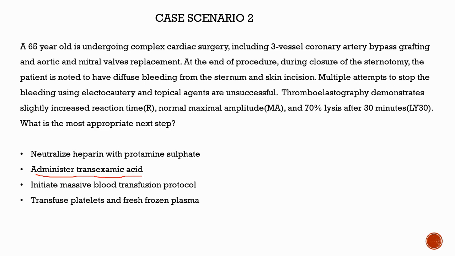We will not transfuse platelets and FFP to this patient. Why? Because there is a normal maximum amplitude, and R time is only slightly increased. So we will not transfuse platelets and FFP, and we will also not initiate MTP.